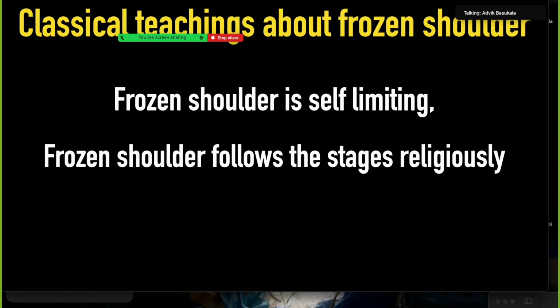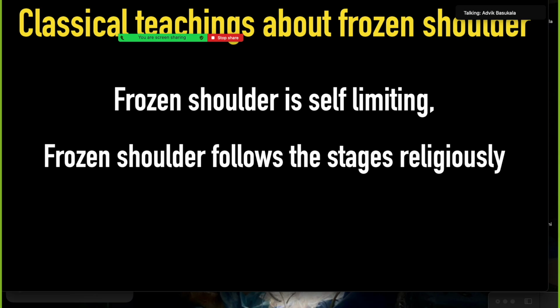The classical teaching is that frozen shoulder is self-limiting, has 4 stages, and a time period like 3 months, 4 months, and that it follows the stages religiously. It does not. These stages and the concept of self-limiting were given by Codman in 1934.